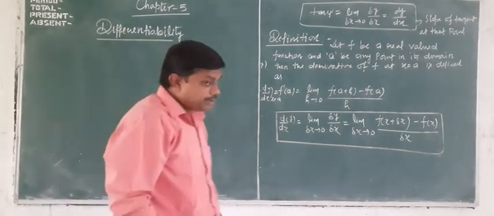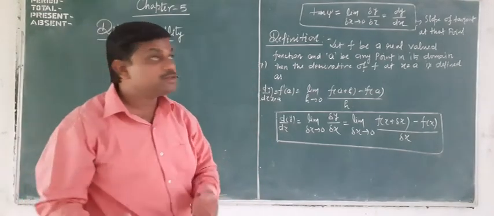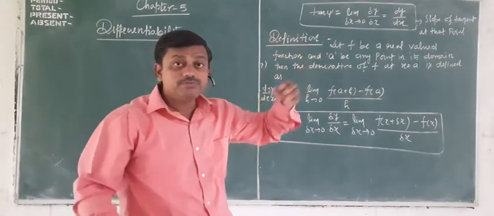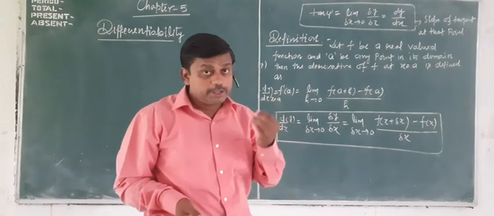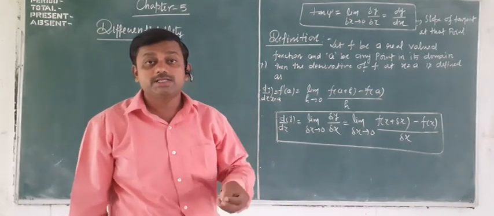We have already told you in class 11 that the first derivative of any function denotes the slope of the tangent at that point.